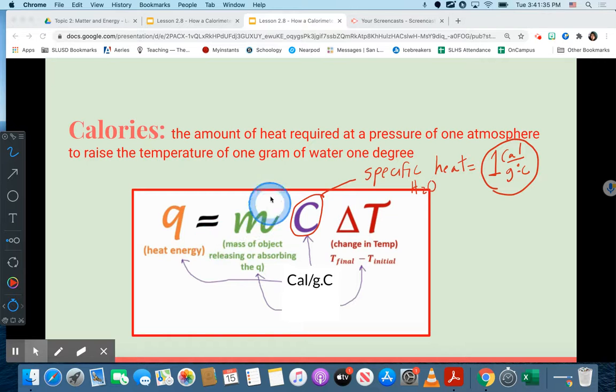Actually, it's 2 things that we need to record because we already know that C, or specific heat, is 1. So we need to know the mass of the food and then the temperature change of the water. All right, so let's go into the next slide to talk about how a calorimeter works and how we use that to figure out what numbers we need to plug into this equation.